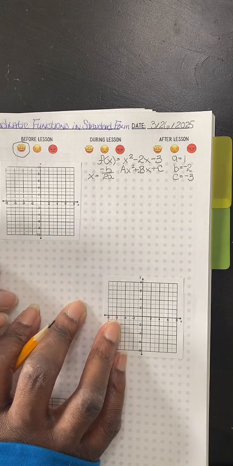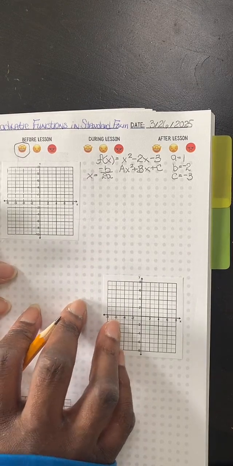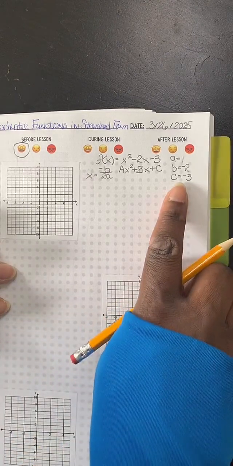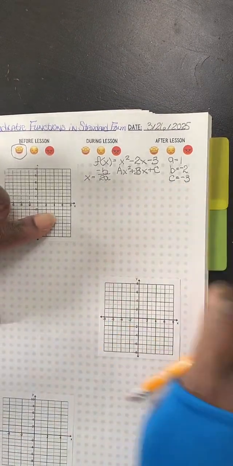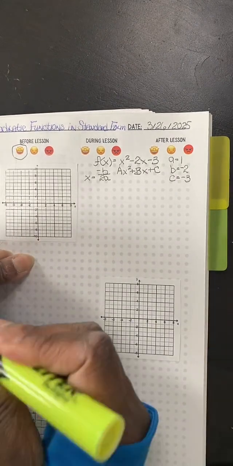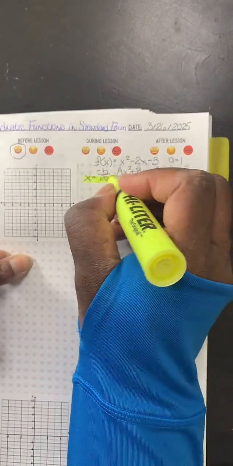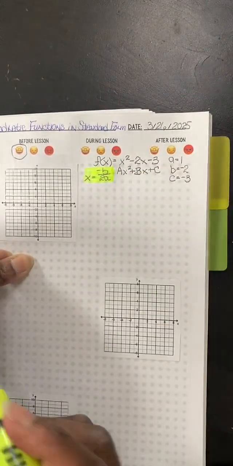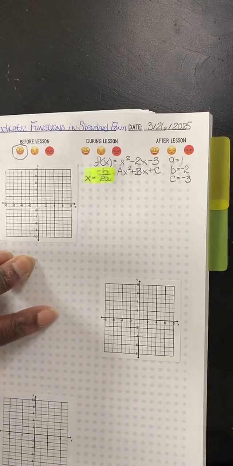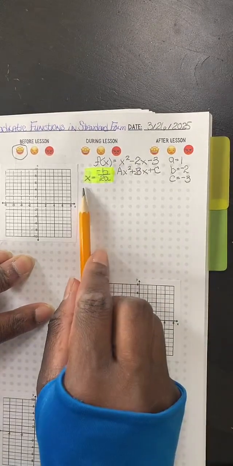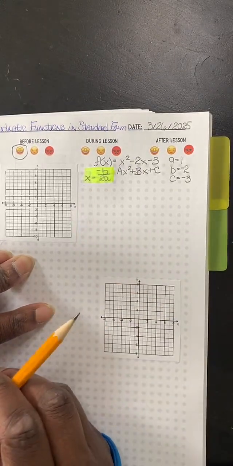Okay, you see it now? Yes. All right. So now I'm going to substitute that information into this formula. We're trying to find the x value of the vertex.